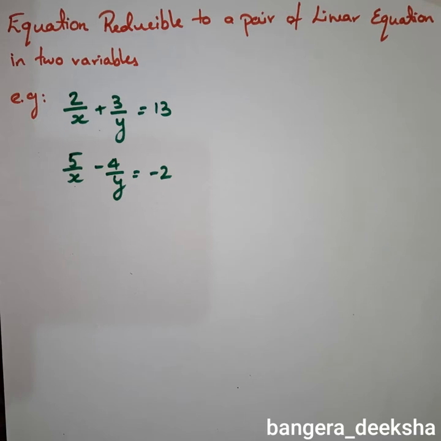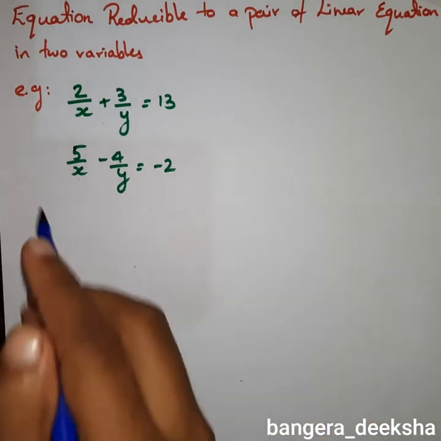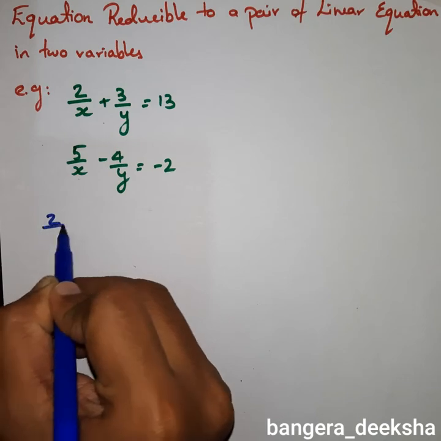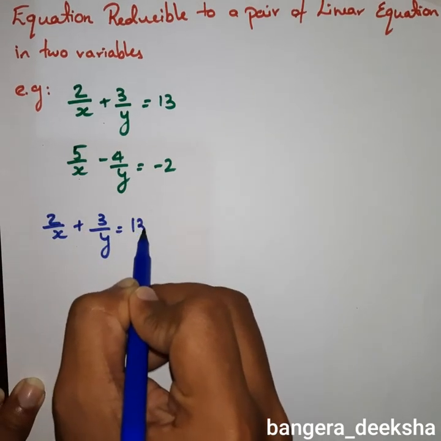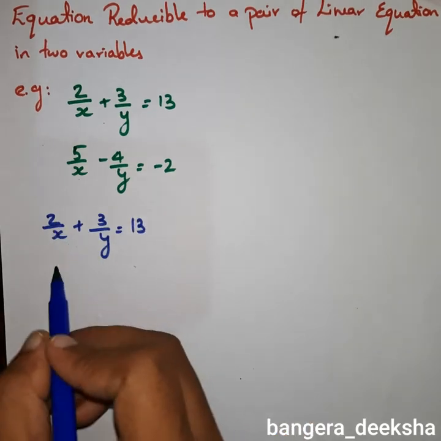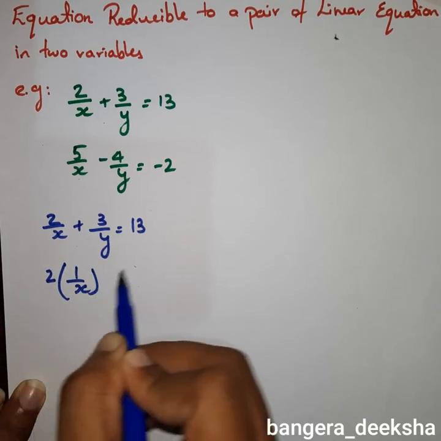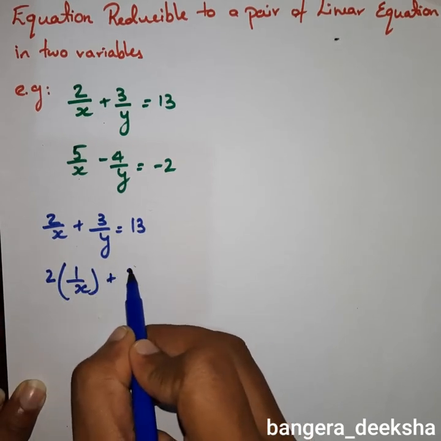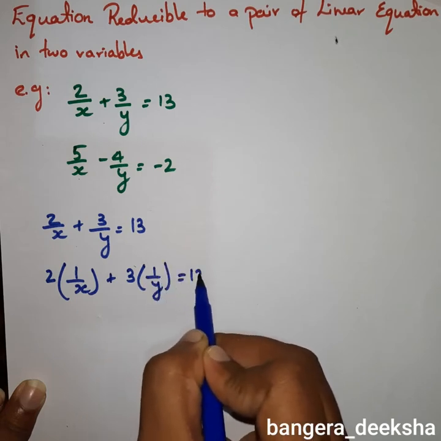Now in order to solve this, we will try to write it in a simpler form. First I'll take the equation 2/x + 3/y = 13. We have the term 2/x here, which I can write as 2 into 1/x, whereas the second term becomes 3 into 1/y, which is equal to 13.